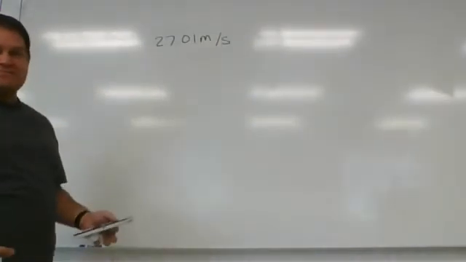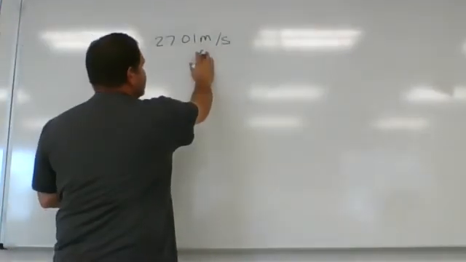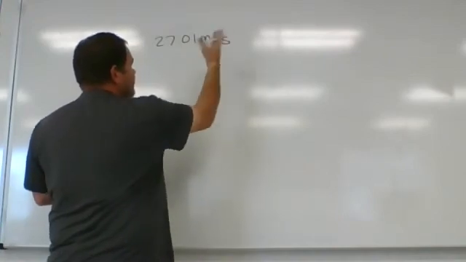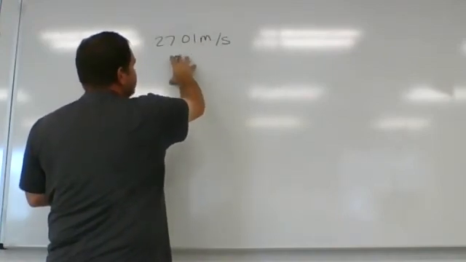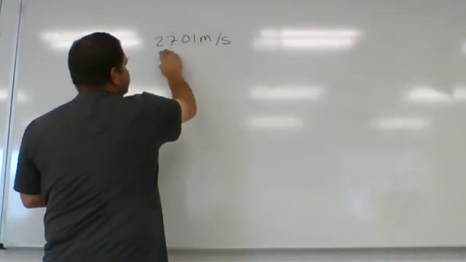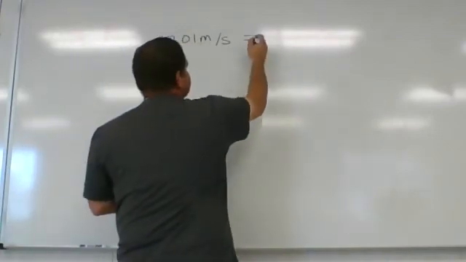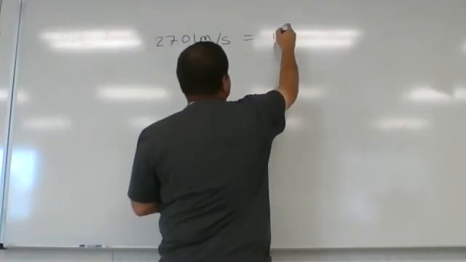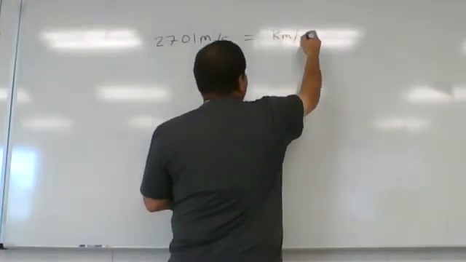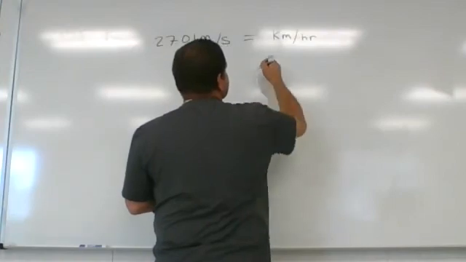So this is like a speed, right? This is the amount of speed, or it might be velocity, depending on what you're looking at. But essentially, I'm going 27.01 meters per second. And I actually want to turn that into kilometers per hour, okay?